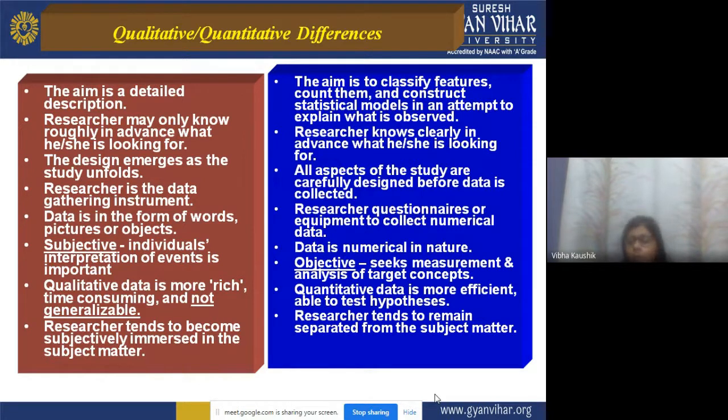Able to test hypothesis: when we construct a hypothesis, we can check on the basis of the numerical data whether it has been accepted or rejected. Researchers tend to remain separated from the subject matter.